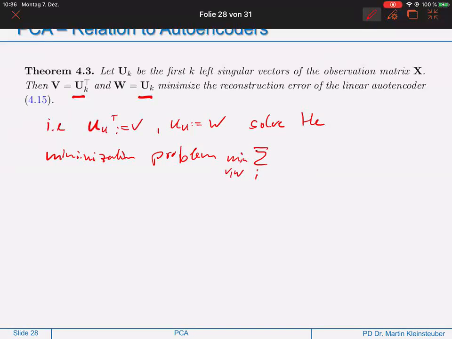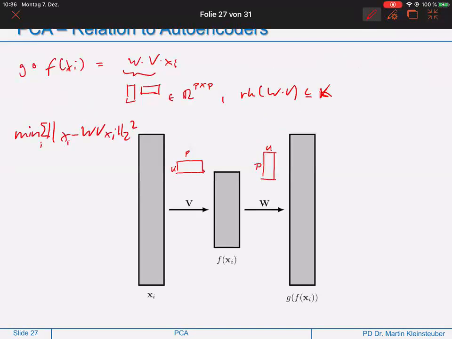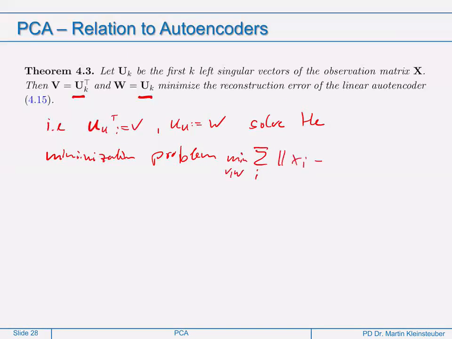Minimize over V and W the sum over i of the norm of xi minus VWxi, right?